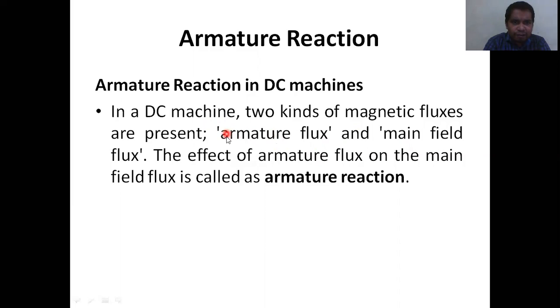The armature current will flow if the generator is running and the load is connected. So the armature reaction takes place only if the generator is working and the load is connected. Otherwise the armature flux will not be present, only the main flux.